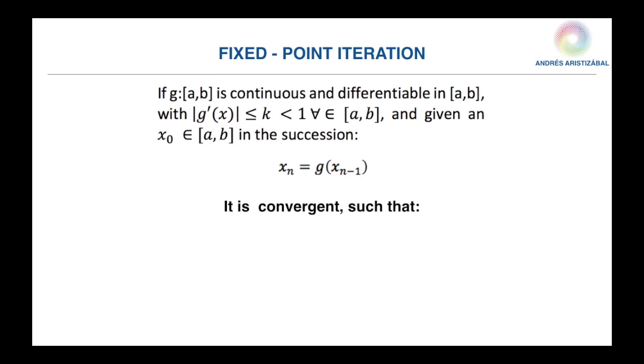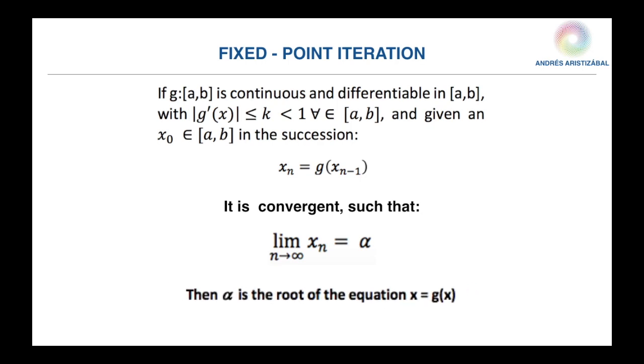Given x0 in the interval, then if we calculate the sequence xn = g(xn-1), we will find that it is convergent. Therefore, alpha is the root of the equation x = g(x).